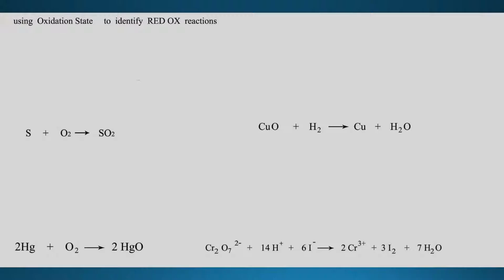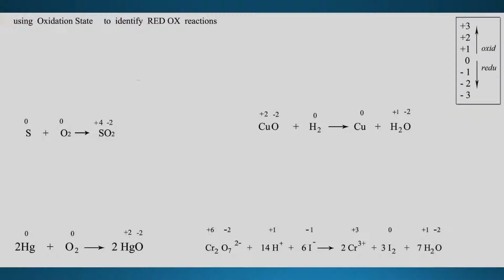Now the rule is, if you allocate with the oxidation state number, you need one more rule. For this rule, at the corner, you can see I put from 0, if down, -1, -2, -3.